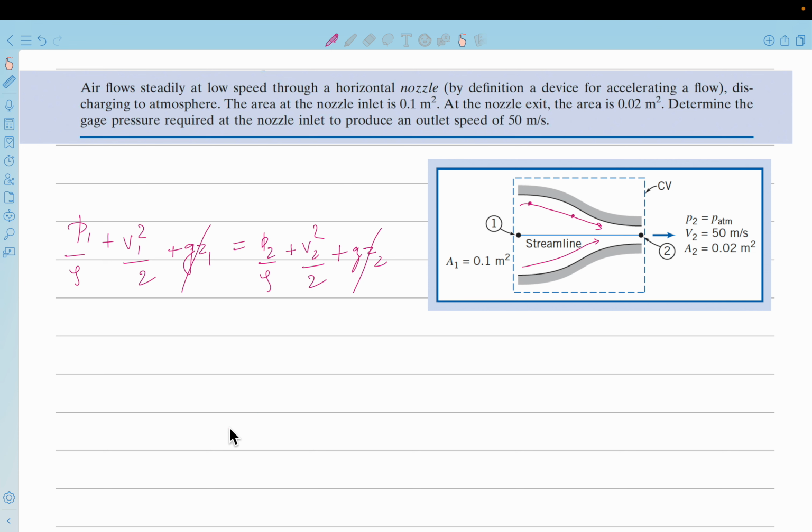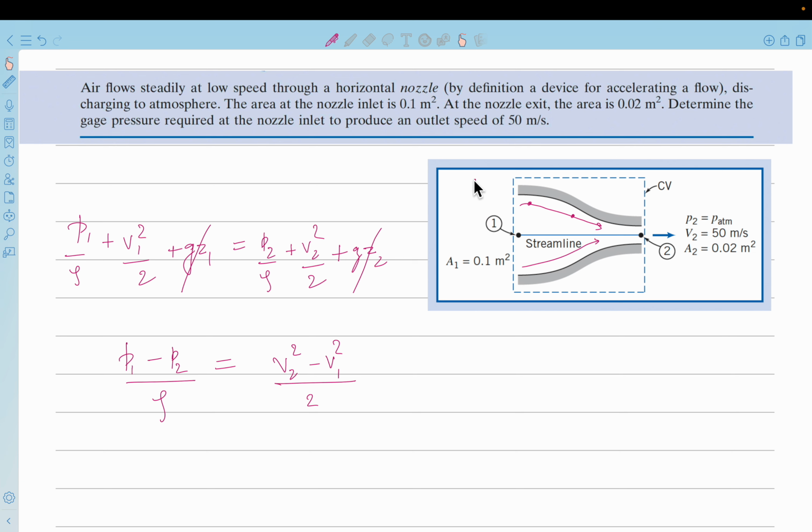Of course, we have made the assumptions of incompressible, steady, and uniform flow. So how do we find this pressure difference? P1 minus P2 by rho is equal to v2 square minus v1 square by 2, right? And it is given that P2 is P atmosphere, and the question is what is the pressure required at the nozzle inlet.